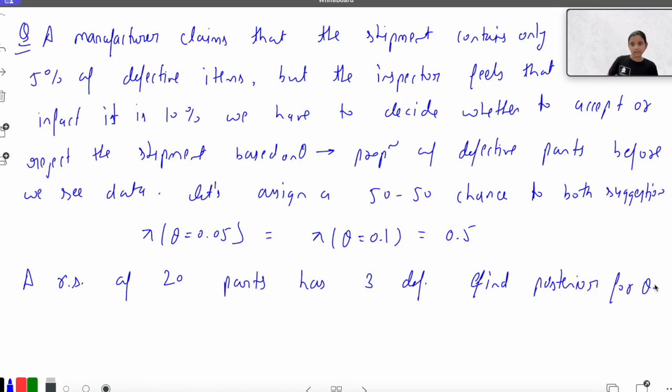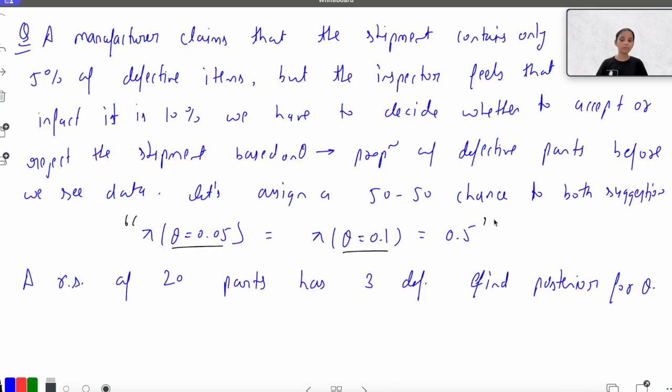Now as you can see, the given information is about the percentage of defectives that we are having, that is for when theta is taking the value 5%, which is the proportion of defectives which the manufacturer claims, and the inspector claims the defectives to be 10%, and we are saying the probability of occurrence of these is equal.